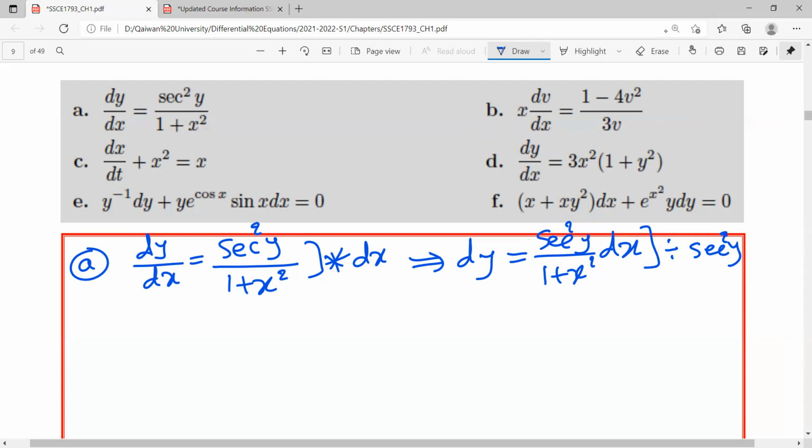Now, what we get is dy over secant squared of y on the left-hand side, and on the right-hand side, 1 over 1 plus x squared dx. As you see, we could separate them. On the left-hand side, we have dy and y terms, and on the right-hand side, we have x terms and dx. That's all.